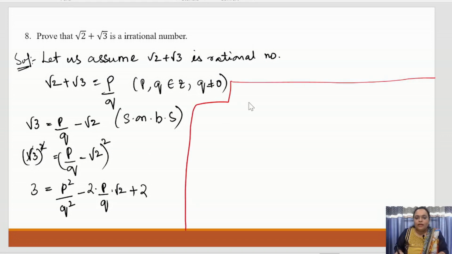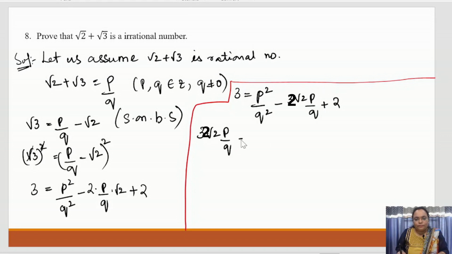Okay. So which is 3 is equals to P square by Q square minus 3 root 2 P by Q plus 2. Let us send this minus 3 root 2 P by Q to LHS and let us get this 3 to RHS. So you will get 3 root 2 P by Q.